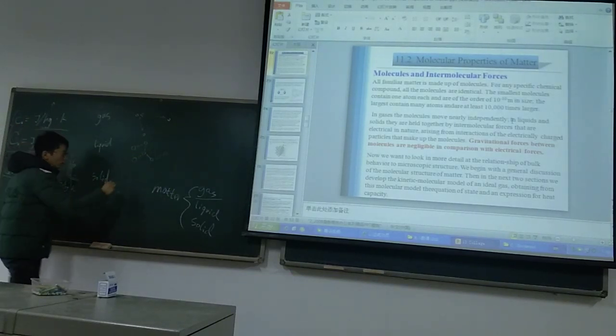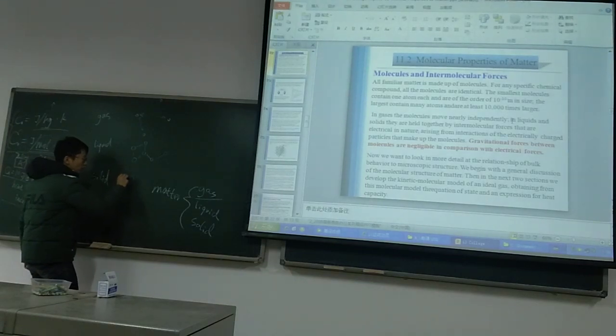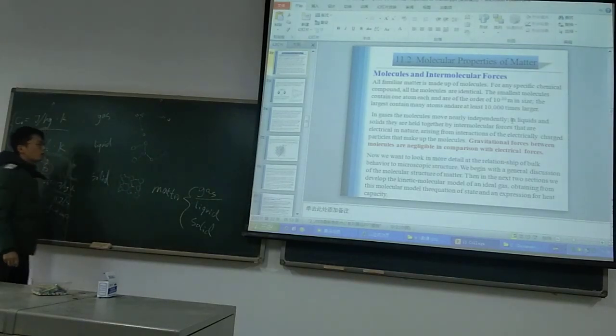Then, in a solid, the molecules are even closer, and the interaction between them is so large that it restricts the movement of the molecules.